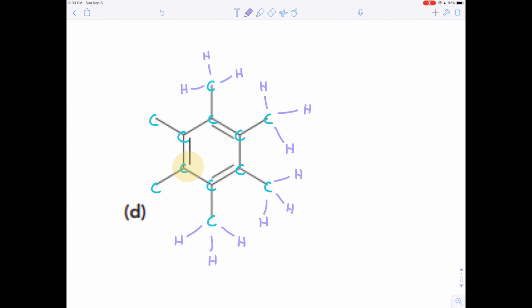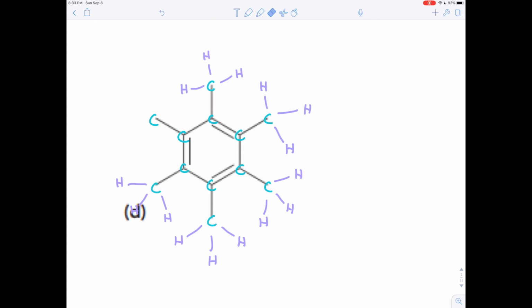The carbon here has 1, 2, 3, 4 bonds around it, so there are no hydrogens bonded to that carbon. The carbon here has only 1 bond drawn around it, so it needs 3 more, all to implied hydrogens, in order to get a total of 4 bonds around it.